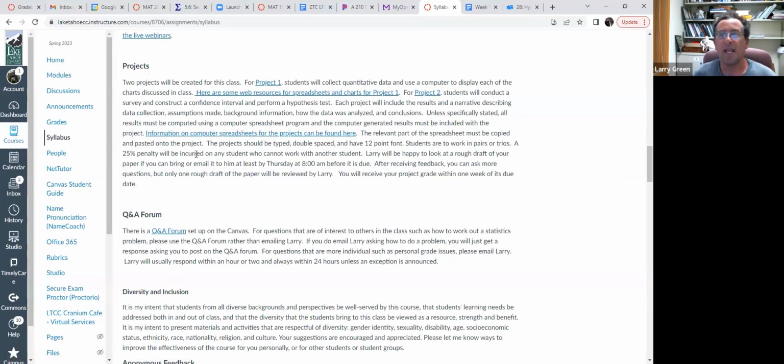What it says for project 2 is students will conduct a survey and construct a confidence interval and perform a hypothesis test. You're not ready yet because it's really chapter 10, but at least you know what these are. Each project will include the results of a narrative describing the data collection, assumptions made, background information, how the data was analyzed, and conclusions.